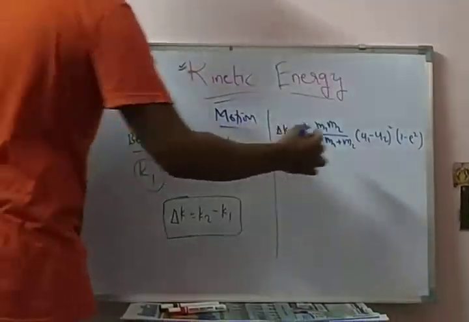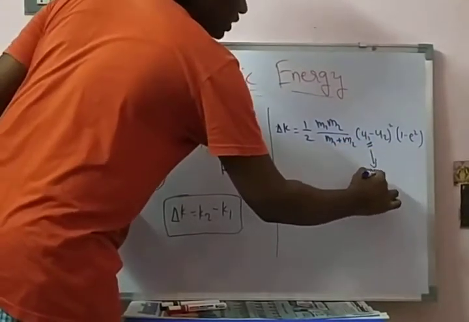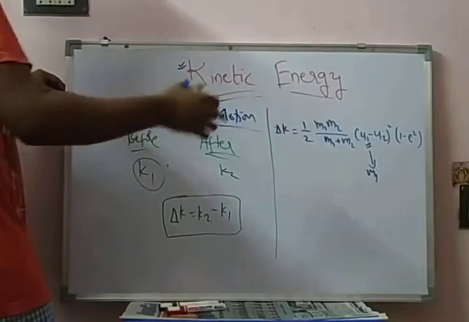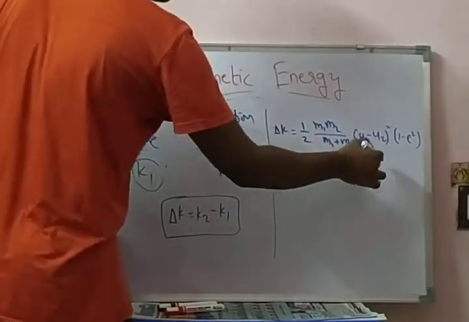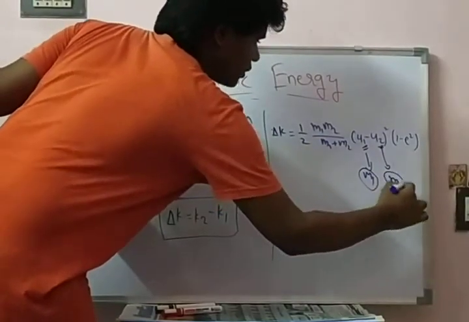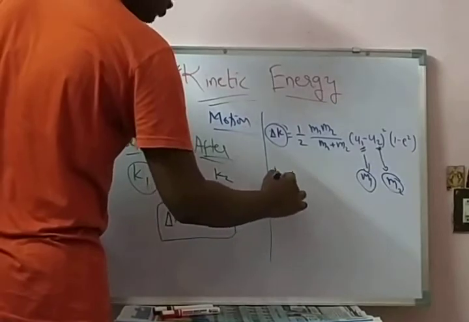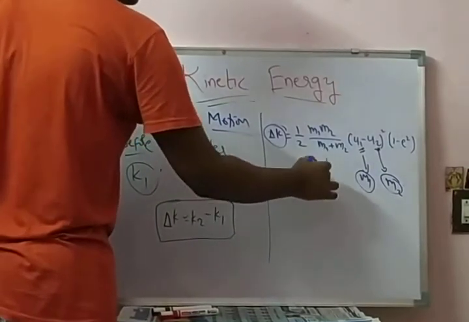I told you that u1 is the initial velocity of object 1, which is of mass m1, and u2 is of m2. So the change in kinetic energy, K2 minus K1, is equal to this formula.